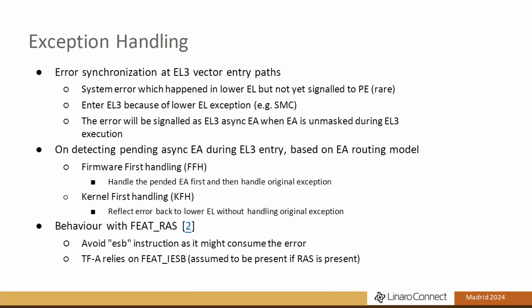On exception handling, this is not changing the core of exception handling, but this change was done in all the entry paths of EL3. This was basically to catch very rare scenarios, mostly for system errors. Say we have a system error in the system, we are executing in a lower EL, and the error is not signaled to the PE yet, and you make an SMC call from the lower EL.